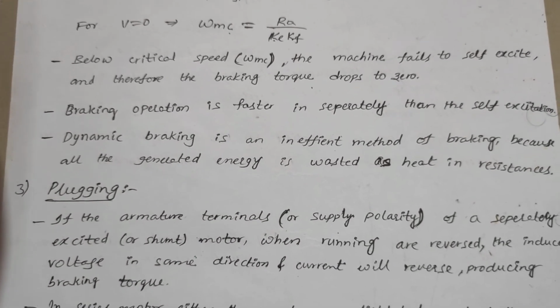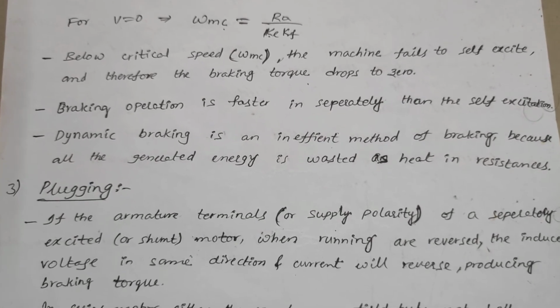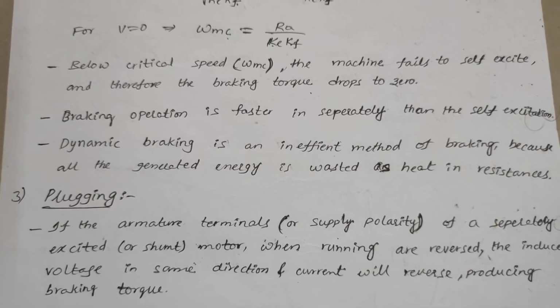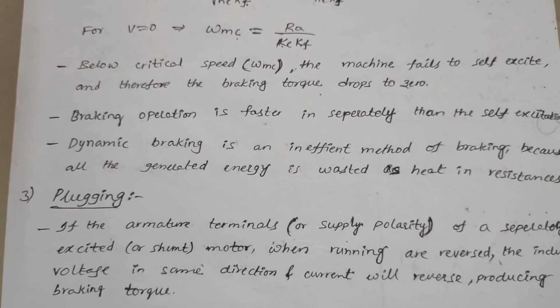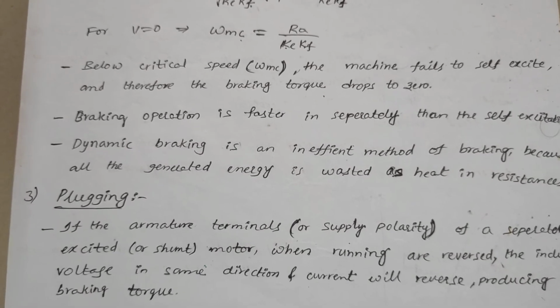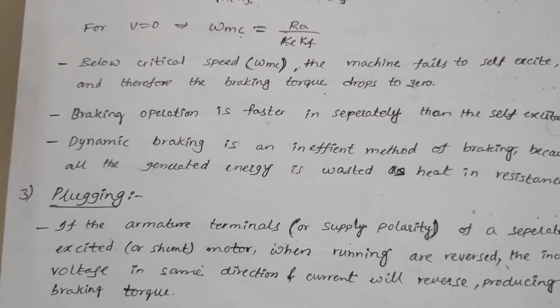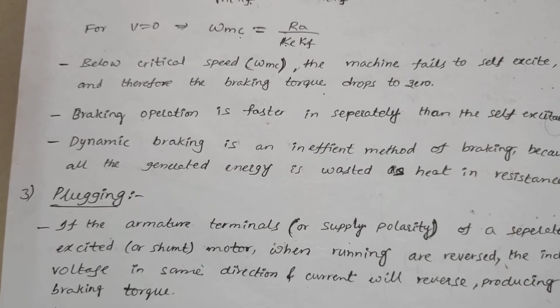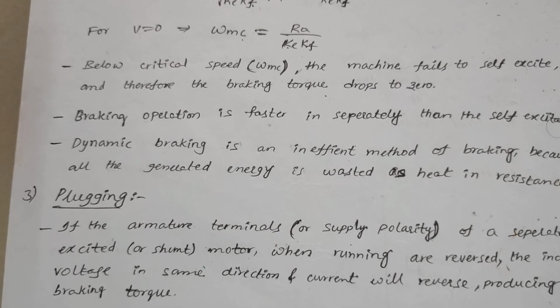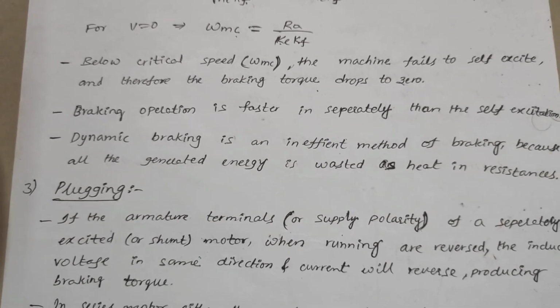Simply we are wasting that generated power in the resistance. Instead of that, you can charge the battery or you can use the same power for other appliances. So that is an effective method. But in dynamic braking, we are not using that. We are simply wasting it to get that braking torque. We are wasting that power in the resistance. So that is the drawback of dynamic braking.